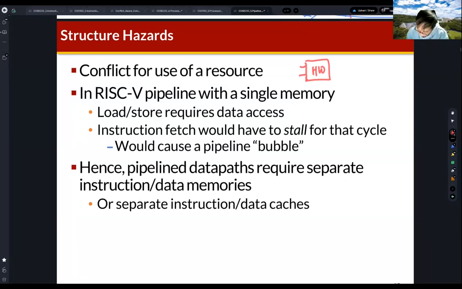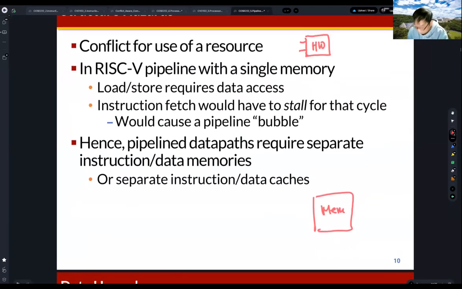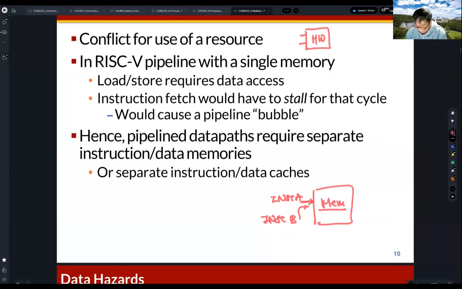So for example, a memory has an address port, right? And let us assume that instruction A is occupying this memory. Then instruction B cannot use this memory because this memory has only one port. Do you understand this?